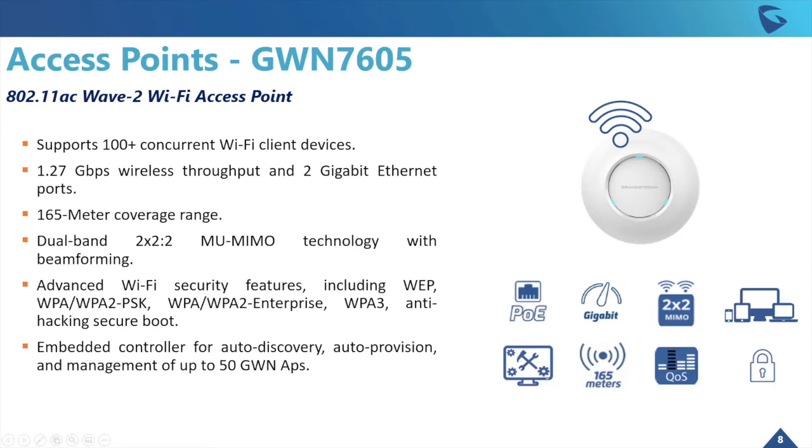Next, we have the 802.11ac Wave 2 access point GWN 7605. This model is designed for a medium density environment and can provide wireless connection to more than 100 concurrent clients. It delivers a wireless throughput of up to 1.27 gigabits per second and a coverage range of up to 165 meters.